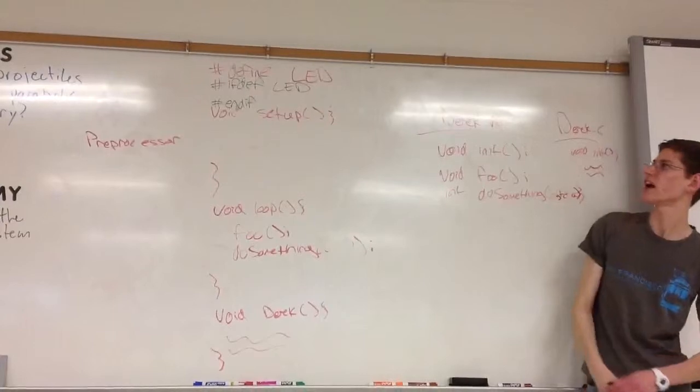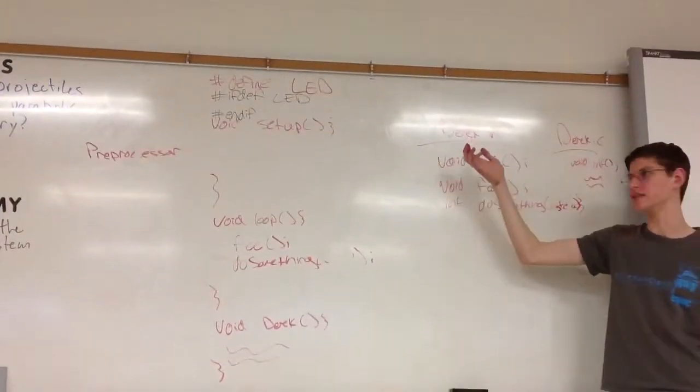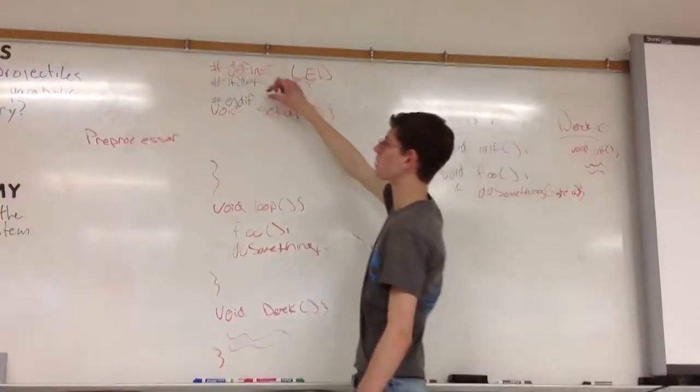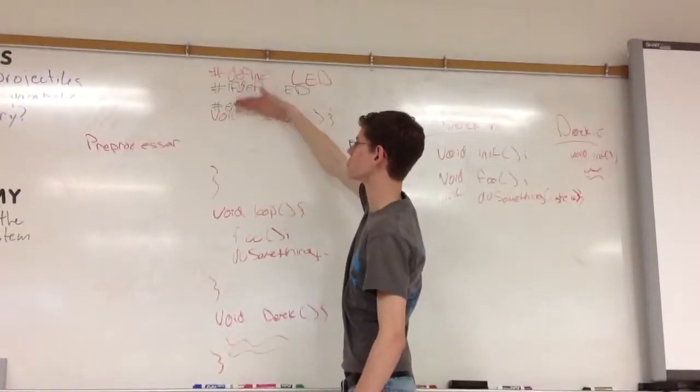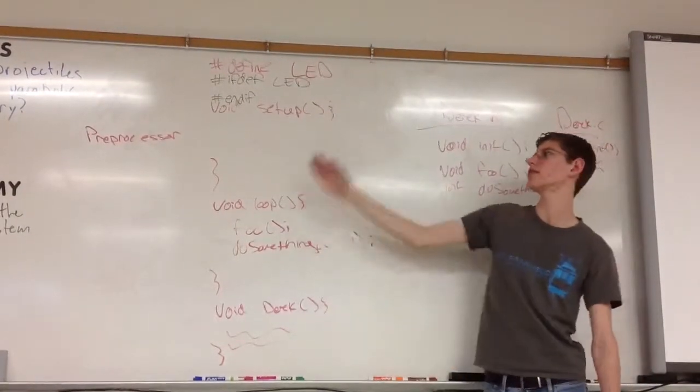This is saying, if at any point inside this file you define a macro called LED, then I am going to compile everything within these two statements, the ifdef and the endif. If not, then I'm going to completely ignore it.